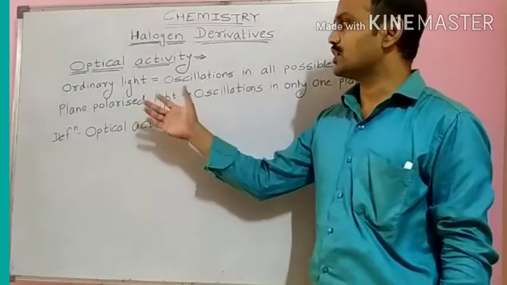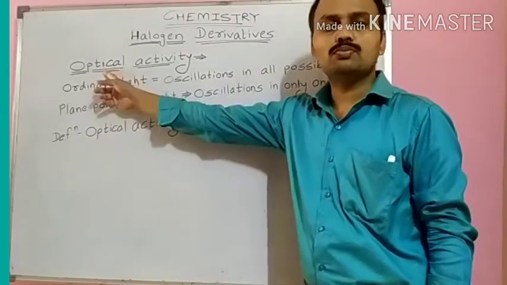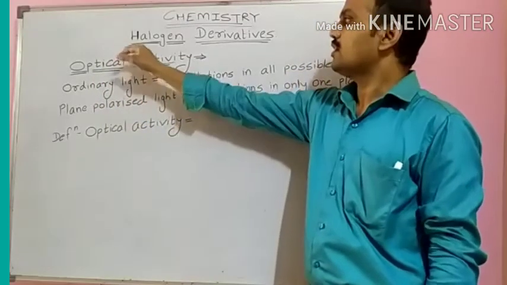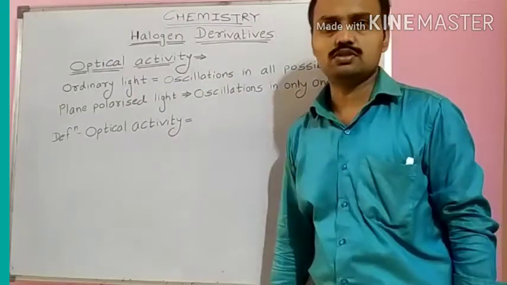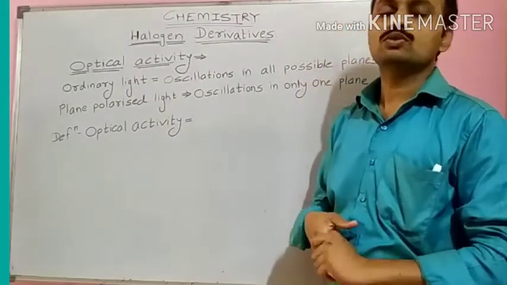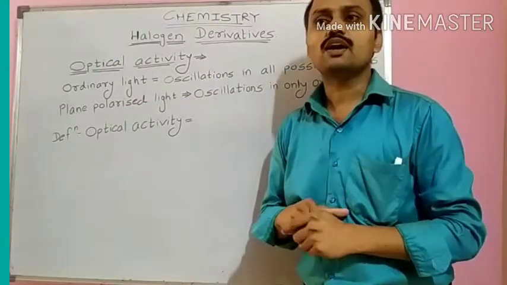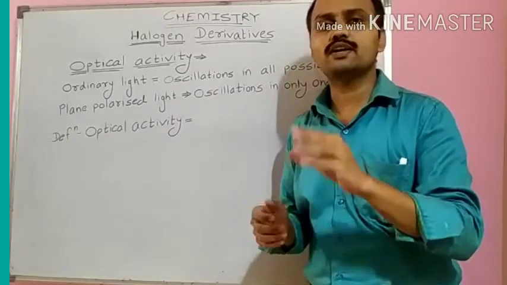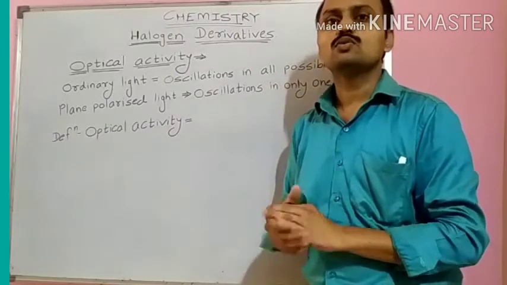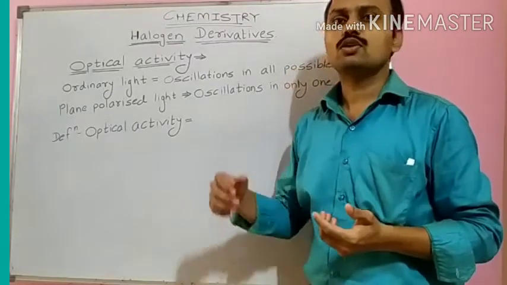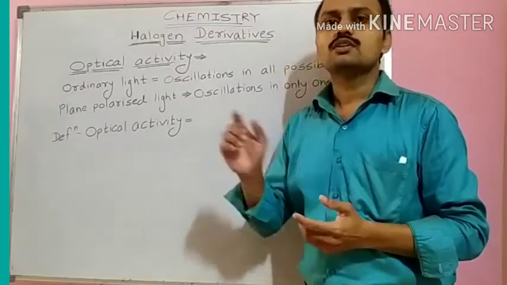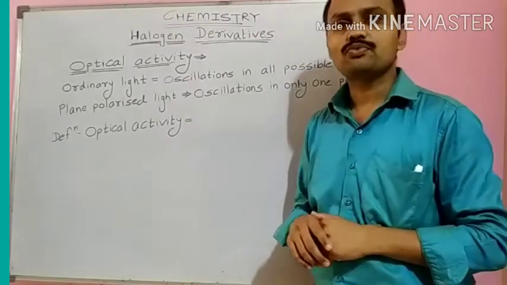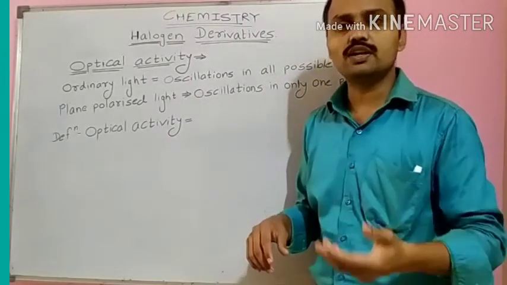In this video lecture, we will see a very important and interesting term: optical activity in halogen derivatives. In our previous video, students, we studied chiral atom and molecular chirality: how to identify a chiral carbon atom, what the conditions of a chiral carbon atom are, the definition and concept of stereochemistry, and the definition of optical isomers.